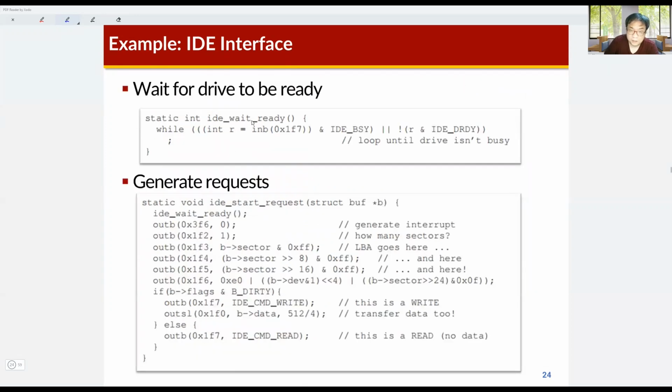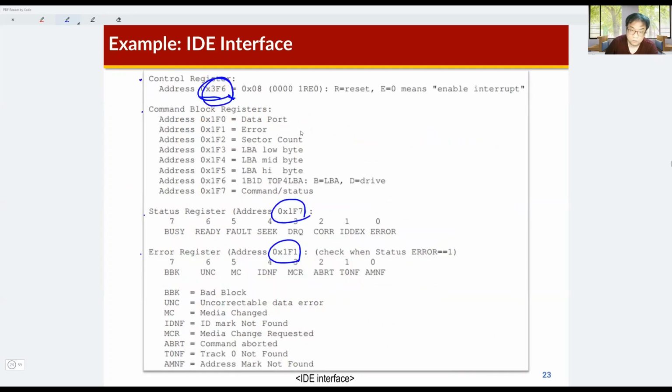The IDE wait ready command is a function of the device driver. So the CPU reads the contents of register 1F7. Where is 1F7? Here, the status register.